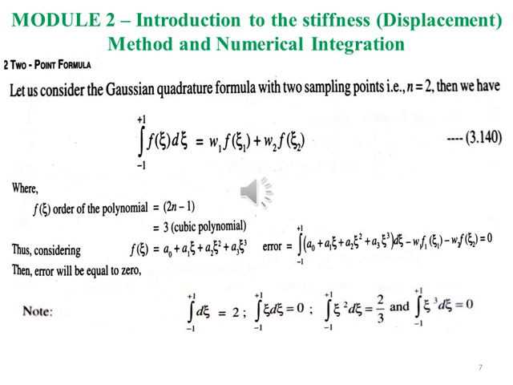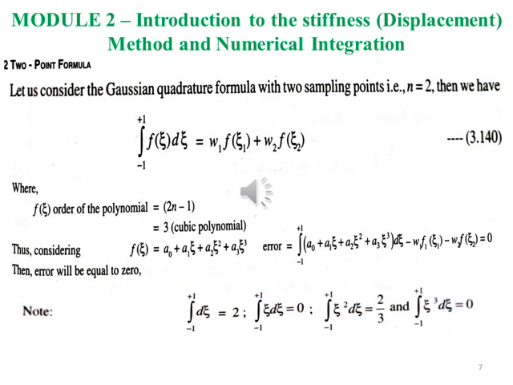Okay, so here for the function of z, the order of the polynomial is given by 2n minus 1, which is equal to 3, that is a cubic polynomial. Thus considering function of z, we will get a0 plus a1 z plus a2 z square plus a3 z cube, and the error will be equal to 0 when we are integrating this equation from minus 1 to plus 1.